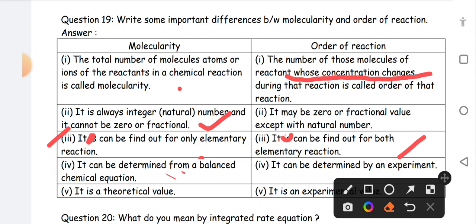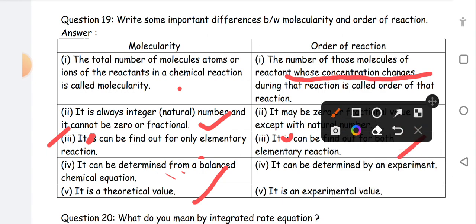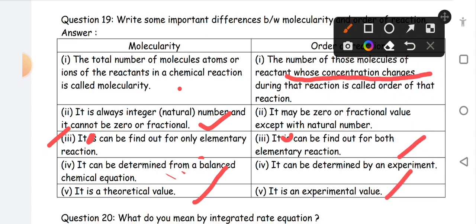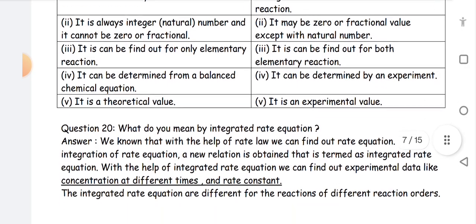And in the rate law expression, the sum of powers of concentration of reactants is equal to the order of reaction. In last, molecularity is a theoretical value and order is an experimental value.